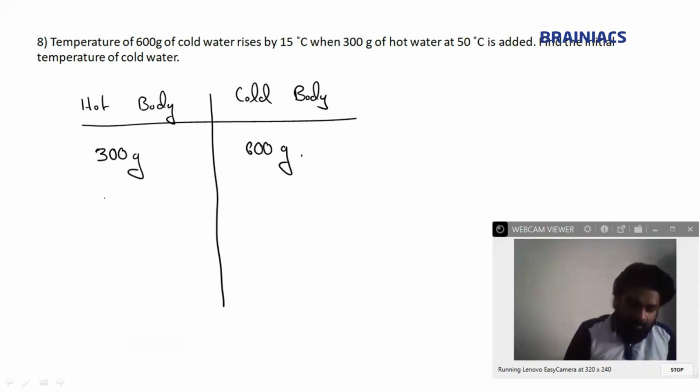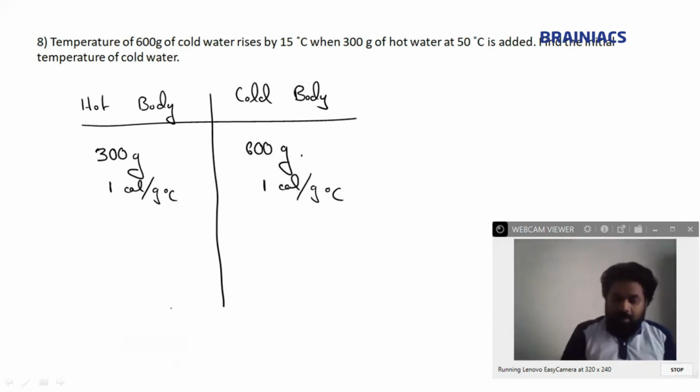Both of them have the same specific heat capacity, 1 calorie per gram degree Celsius. Next is the temperature of hot body and cold body. Temperature of hot body is 50 degrees Celsius, it is given. The temperature of cold body we do not know, so let us take it as X.